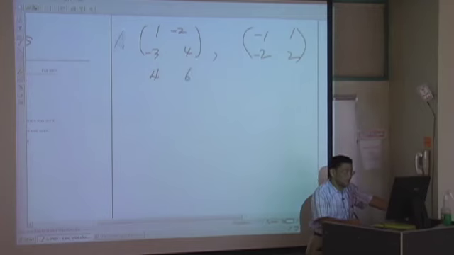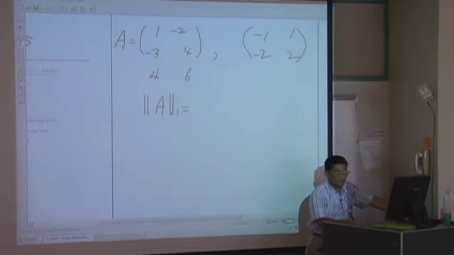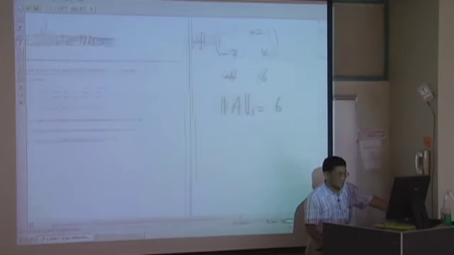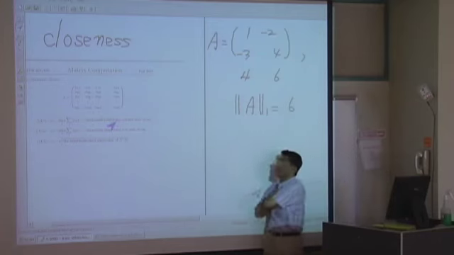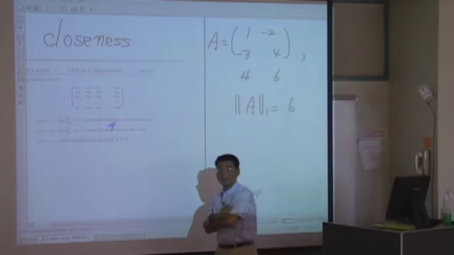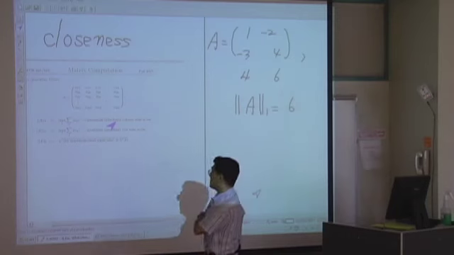So let's call this matrix A. Then the one norm of matrix A equals what? What is bigger? 6. This is the key definition behind this. The key definition behind it is this, and you may check this idea and ask questions.